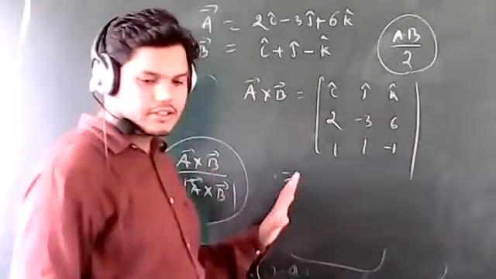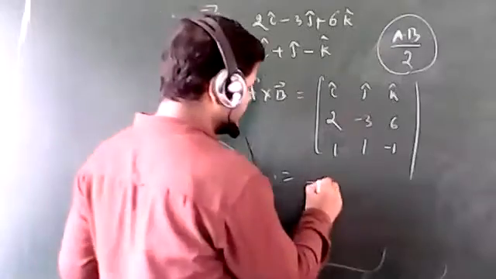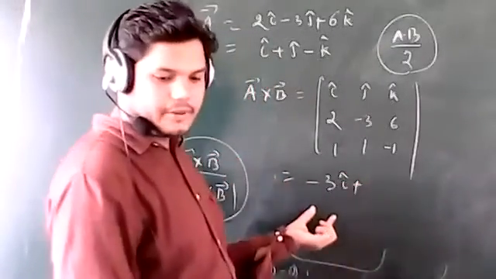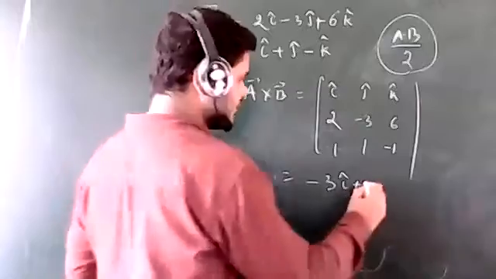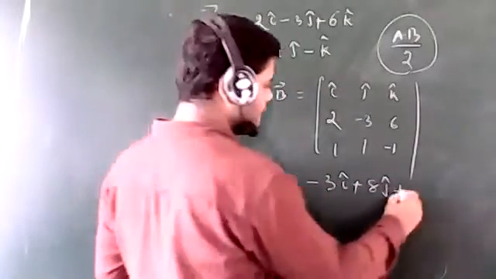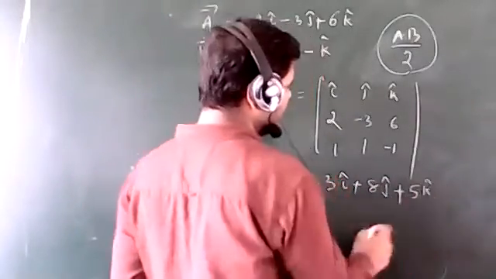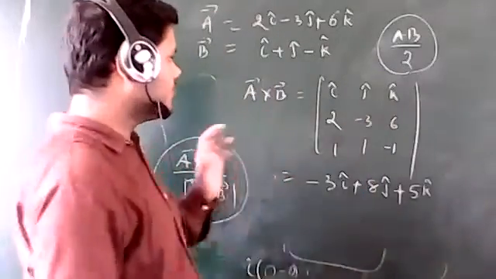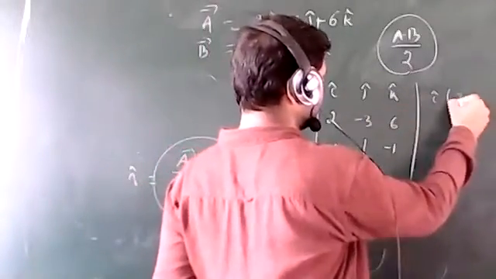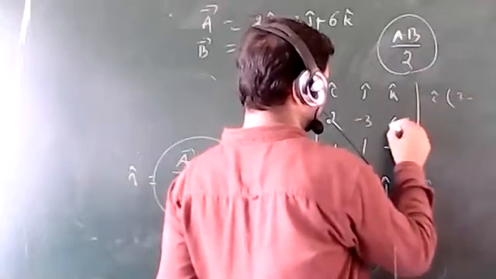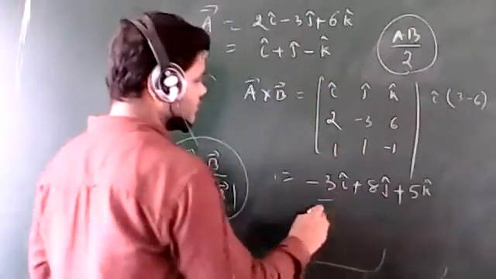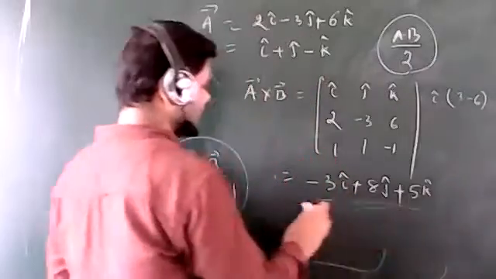This will be, I'm just writing, minus 3 i cap plus 8 j cap plus 5 k cap. This is the answer. For i cap, if you multiply like this, i cap into minus 3 into minus 1, that is 3, minus 6 into 1, that is 6. Yes or no? So that will become minus 3. Okay, you can write this answer.